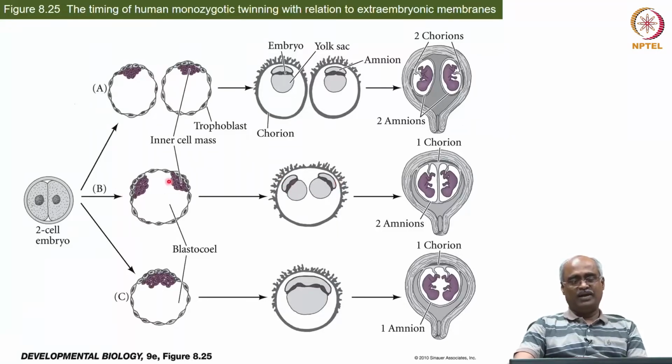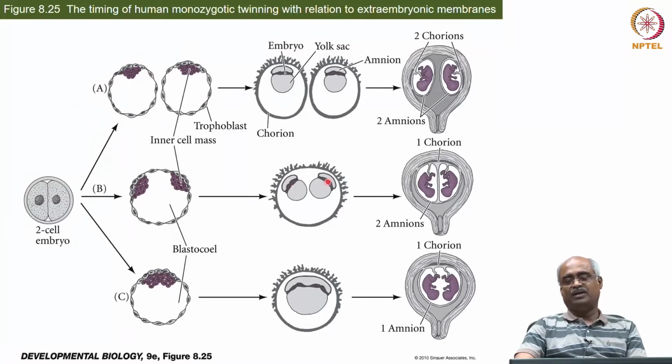But this happened after the trophoblasts separated, and due to that you are going to have a single chorion. So single trophoblast population, and as a result single chorion, but 2 inner cell mass, and as a result you get 2 amniotic cavity.